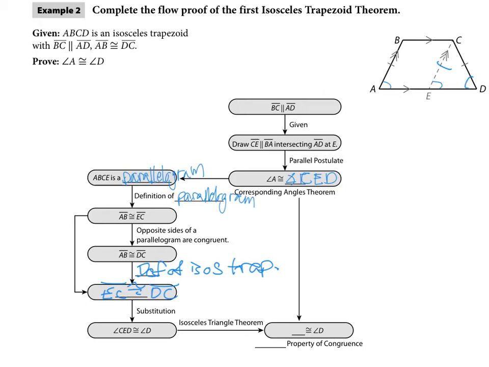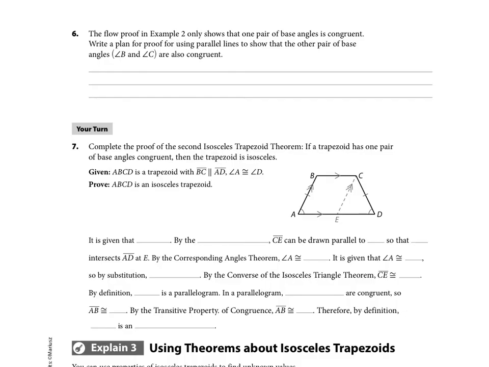So finally, angle A is congruent to angle D. So that's a flowchart proof for that first theorem, that if we have an isosceles trapezoid, the base angles are congruent.